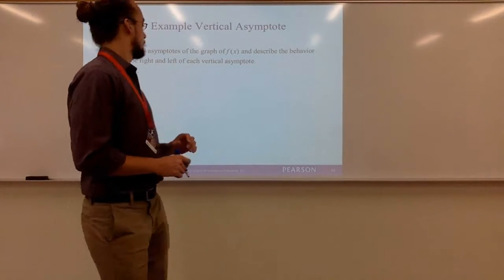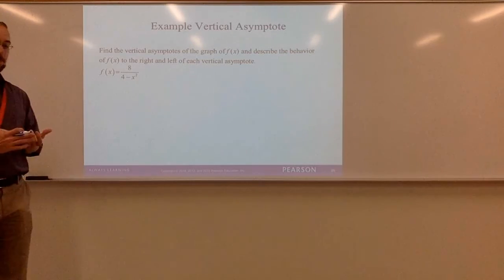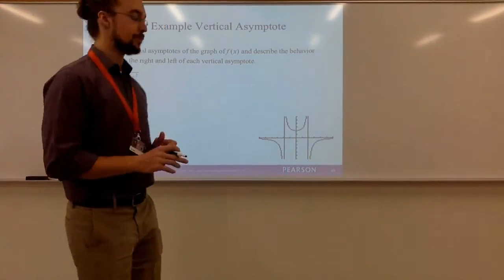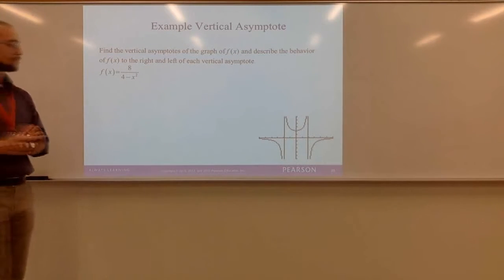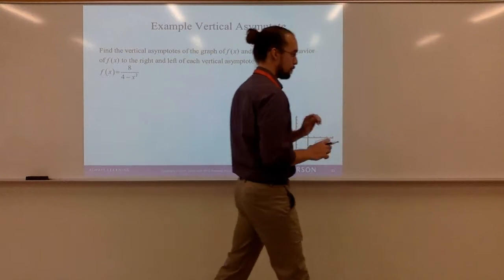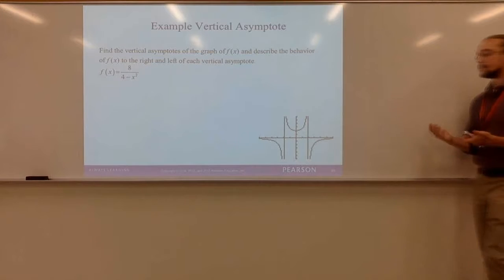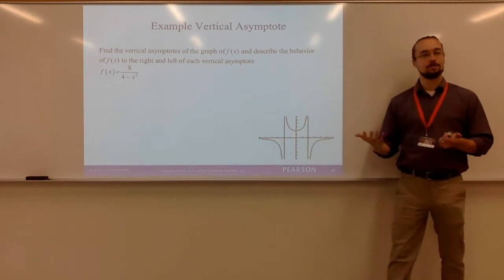Let's take a look at this function, 8 over 4 minus x squared. So we'll start graphically. The graph of this function looks like this. What we can do is talk about the limits as x approaches 2 and negative 2.